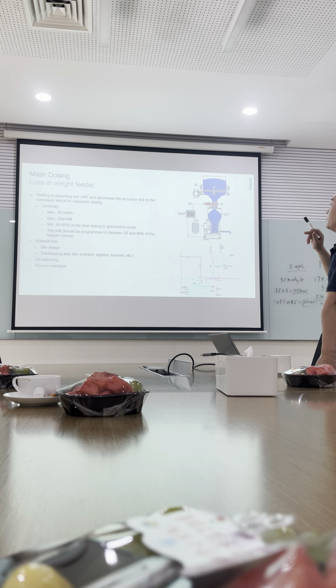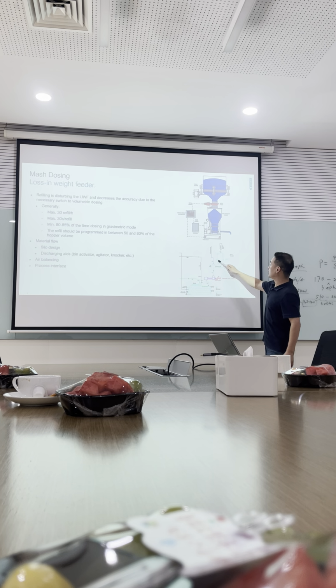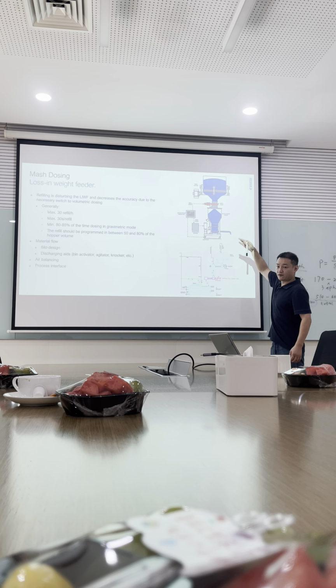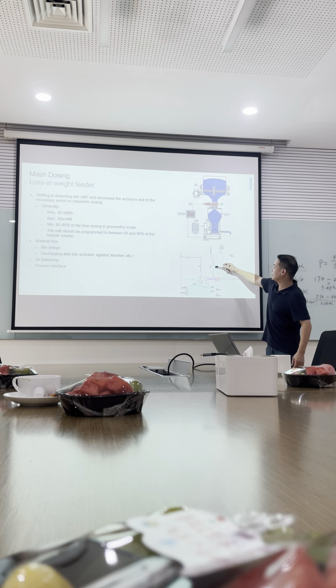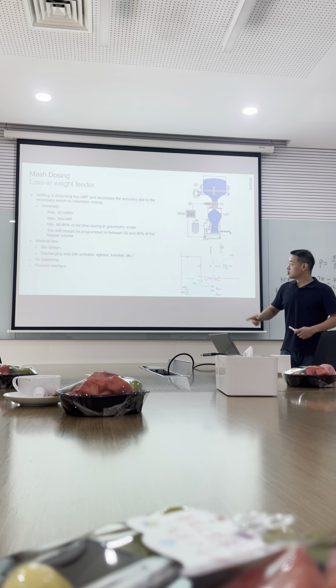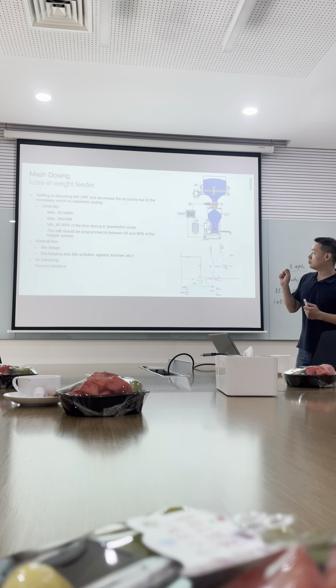And the refill should be programmed between 50 to 80% of the hopper volume, because if the low level indicator is too low, then a lot of material drops and may go straight through the screw feeder. So here we can know how big a hopper we need to configure.